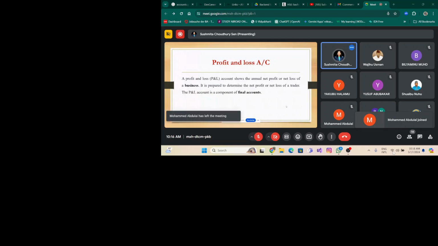So if you go through the example of the profit and loss account, you need to identify the expenses which, out of these, would be in the profit and loss account. Let's say utilities can be office expenses, part of the profit and loss account, bank donation can be a part of the profit and loss account.